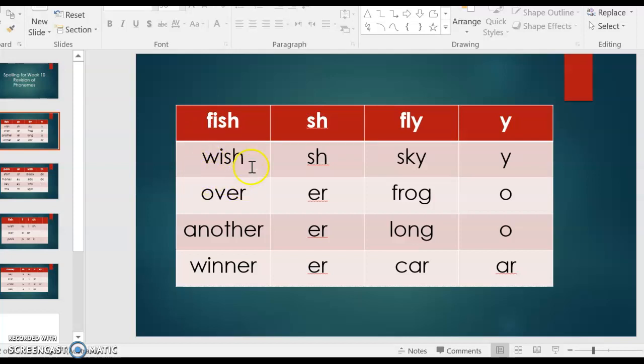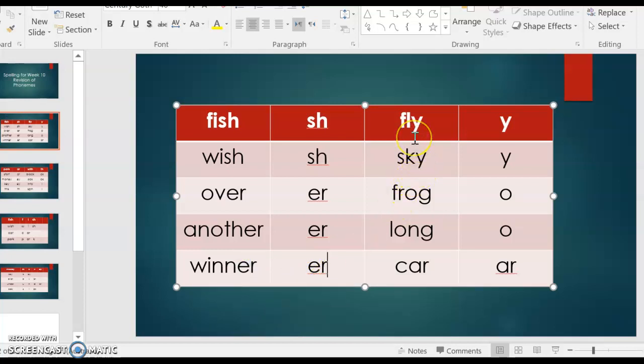Okay? So that's not too hard to remember, I hope. Third word, over, over. Okay, over. Another. Winner, winner.